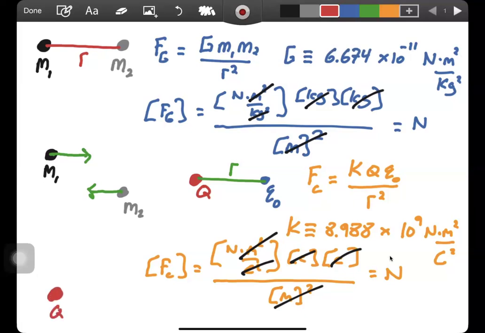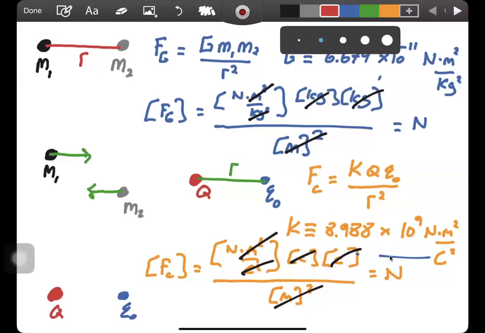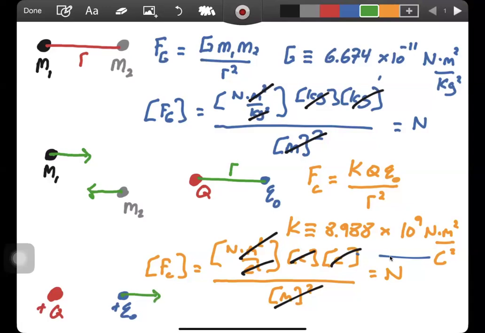So let's say I got my Q and I got my Q naught. Now, if Q is positive and Q naught is positive, then like charges repel. So that would mean that Q naught would experience a force in this direction, and Q would experience a force in this direction. Just like gravity, it's equal and opposite.